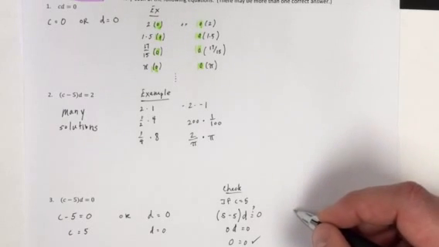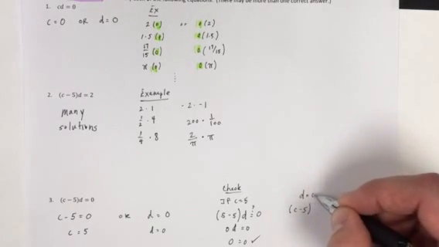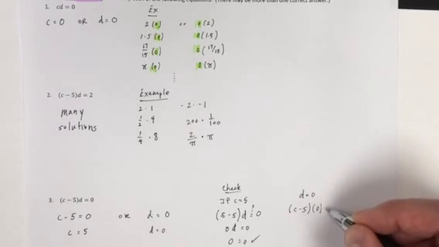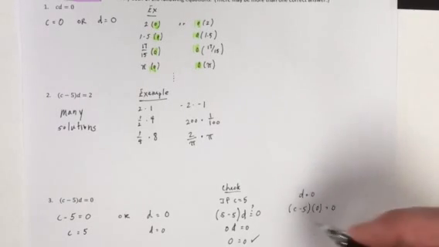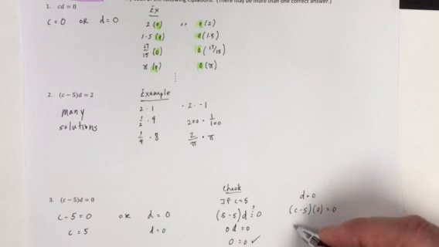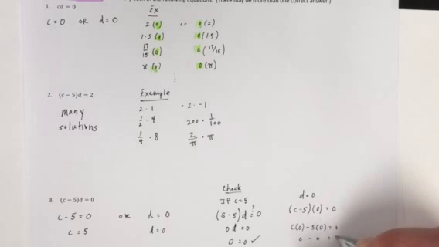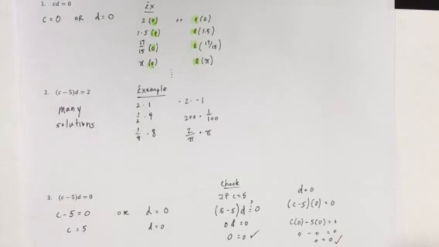The same can be said if you go the other direction. C minus 5, if D is 0, if I multiply this quantity by 0, 0 times C, no matter the value of C, is going to be 0. 5 times 0 we know is 0, so 0 equals 0, which is exactly what we want.